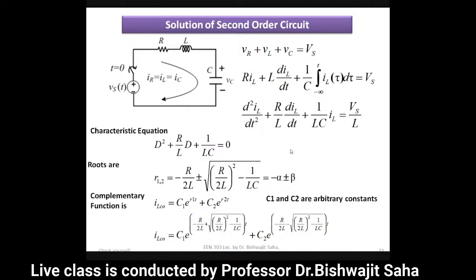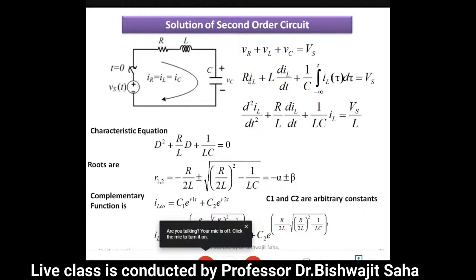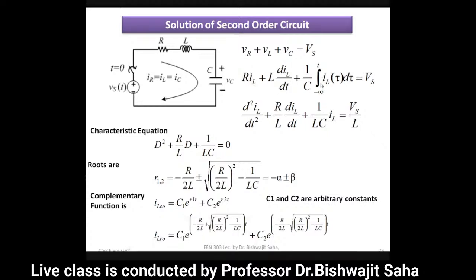So in here you can see R dIL by dt, and the second term becomes L d squared IL by dt squared. And here is the integration. Integration will be cancelled out by differentiation. Understand?